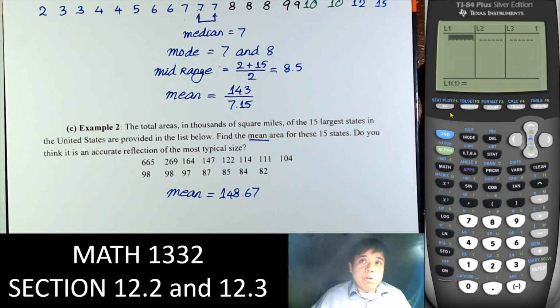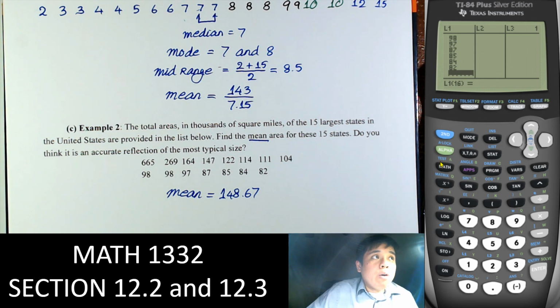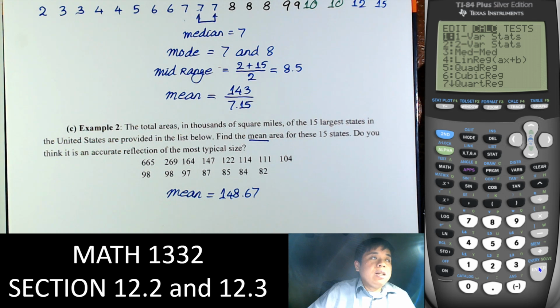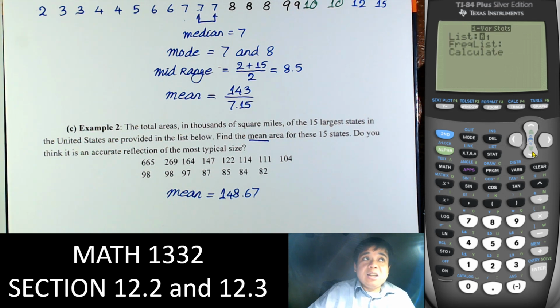For faster typing, I will use the keyboard here: 665, 269, 164, 147, 122, 114, 111, 104, 98, 98, 97, 87, 85, 84, 82. Enter all of those numbers here. Then second mode to quit, and then hit Stat, go to Calc, one-variable statistics, and we calculate the statistics for this one.